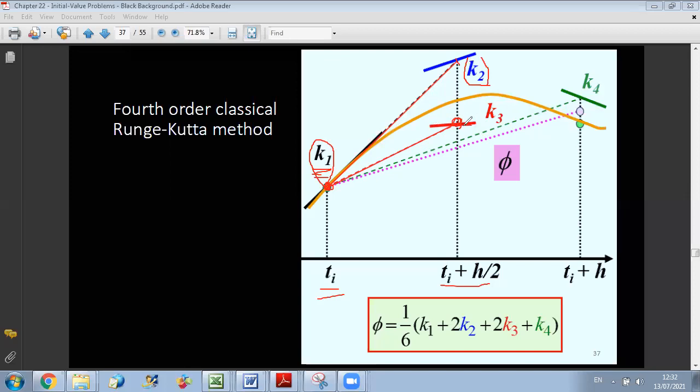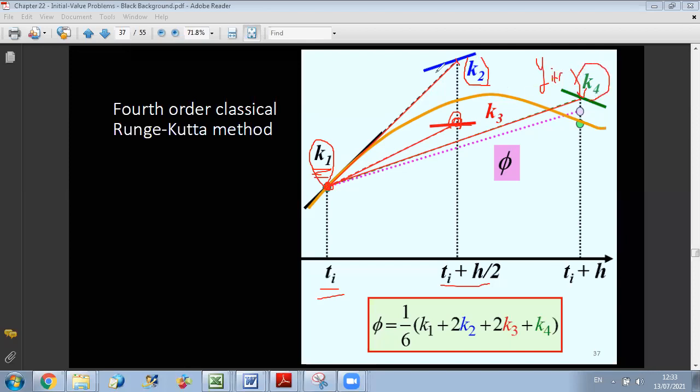Once I find k3, I go again back to the first point, and I draw a line of slope k3, but now I don't want to correct anymore with the midpoint, so I take it to ti plus h. Then I find my point yi plus 1, and once I find yi plus 1, I evaluate the slope k4 at yi plus 1.